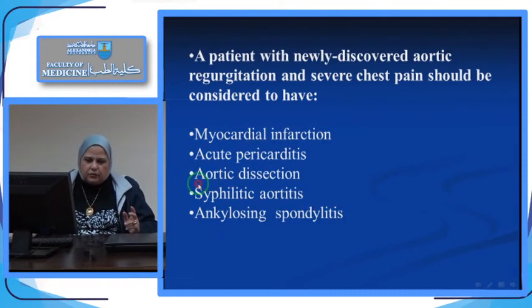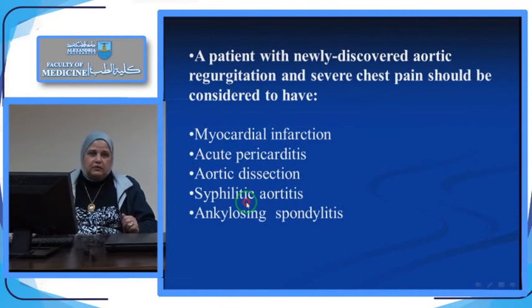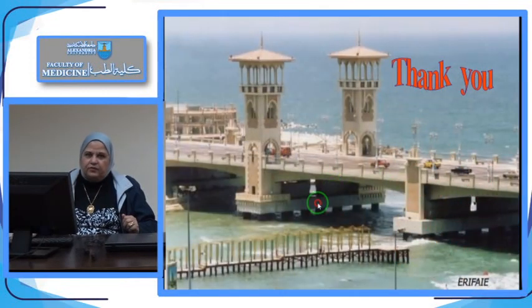Syphilitic and ankylosing, these two forms lead to chronic aortic incompetence, chronic aortic regurgitation, and not acute, not newly discovered. Dissection and myocardial infarction both may lead to acute aortic regurgitation. Acute pericarditis is not associated with aortic regurgitation. Thank you very much.